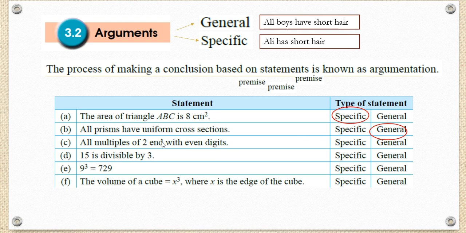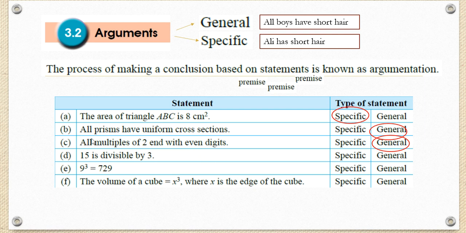All multiples of 2 end with even numbers. Multiples of 2, we have 2, 4, 6, 8, 10, and so on, and they are all even numbers. They end with an even digit, and they say "all". So it's a very general statement because it's not giving you a specific one like 6 is a multiple of 2 and ends with an even digit.